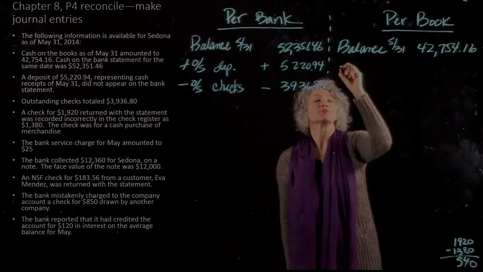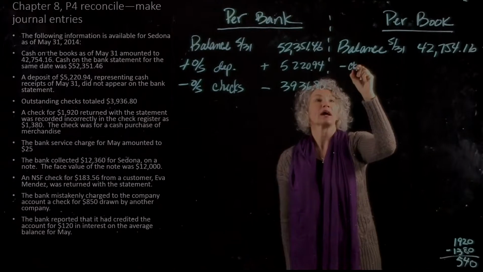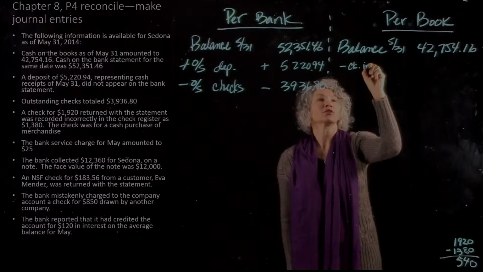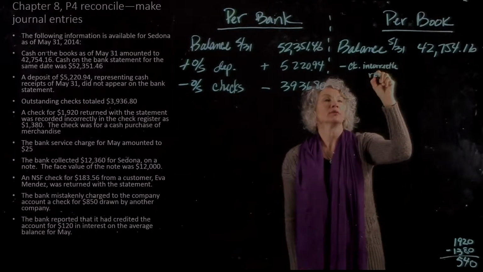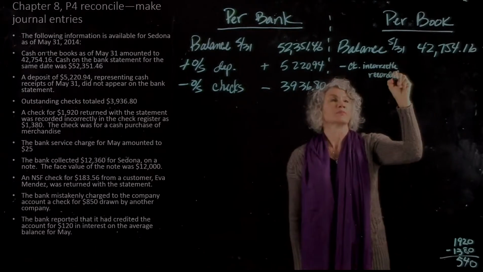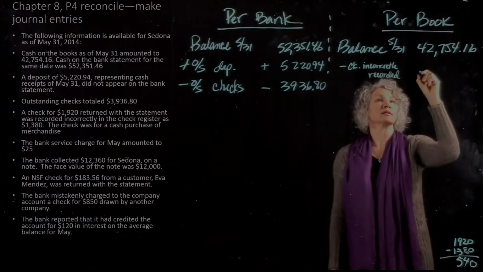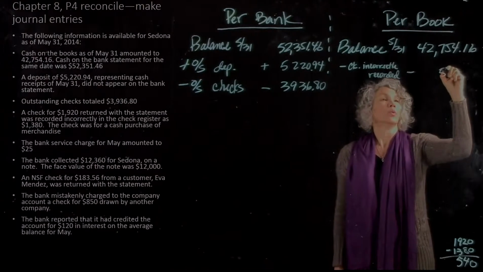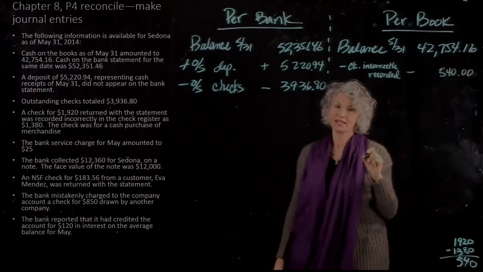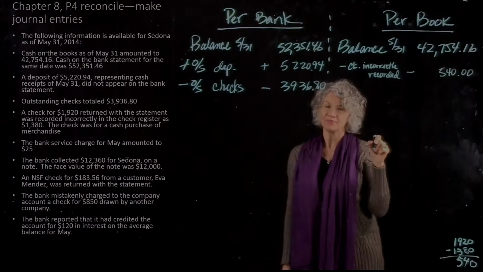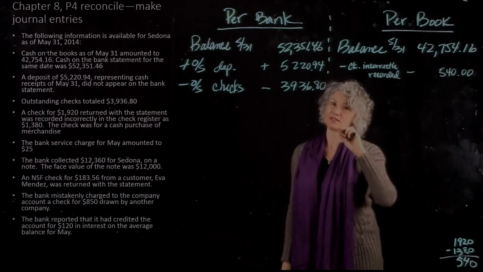So we will subtract check incorrectly recorded. Now I will tell you a little hint. When you have a mistake that's evenly divisible by 9, it's probably a transposition error.